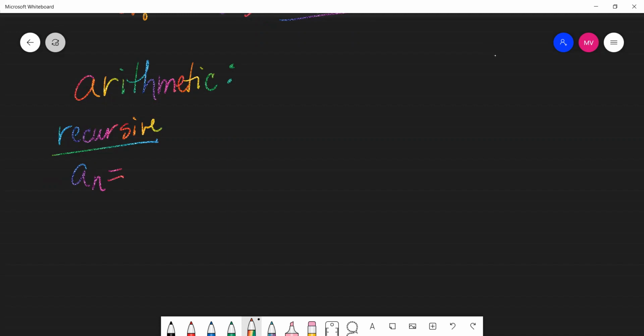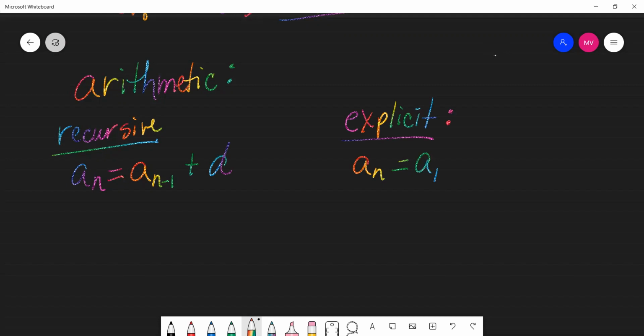So it's the previous term: the term at position n equals the previous term plus the difference. Remember, you have a common difference. The explicit formula goes from addition to multiplication. It becomes AN equals your first term in the sequence, A1, plus the previous position number times the difference.